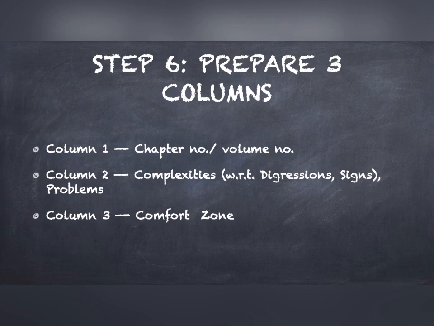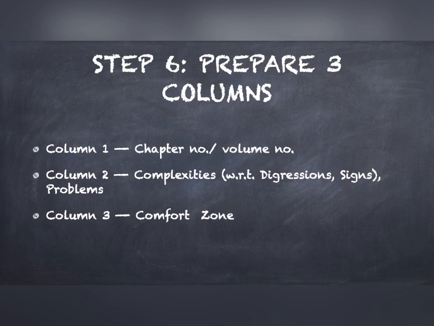You have to point it down. Column number 3, you have to put as a comfort zone: the points that you're okay with, that are pretty understandable and obvious. So that's the comfort zone.